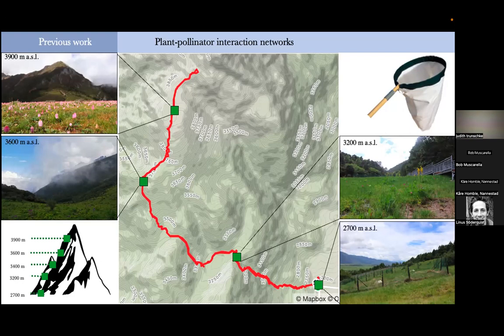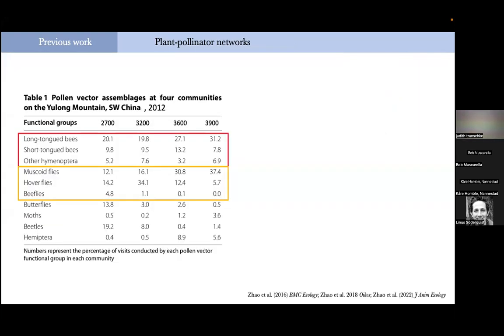So every 200, 300 meters, we have one of these flowering meadows where we record plant pollinator interactions. So we always catch a pollinator when it lands on a flower and record the interactions and the networks. And this is just showing the summary of the data he got.